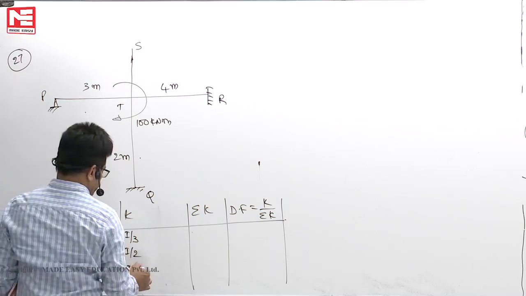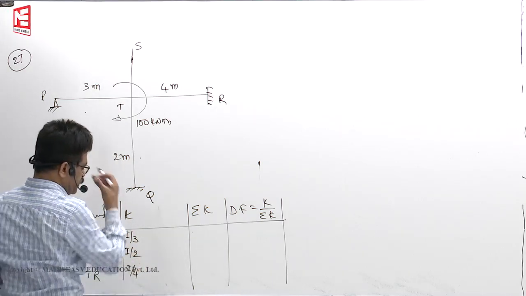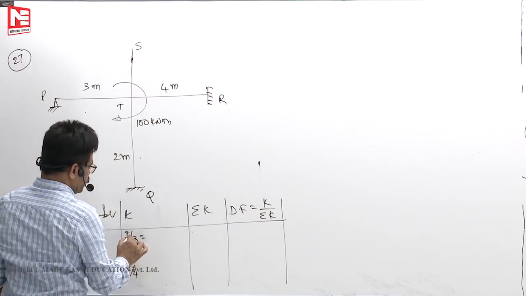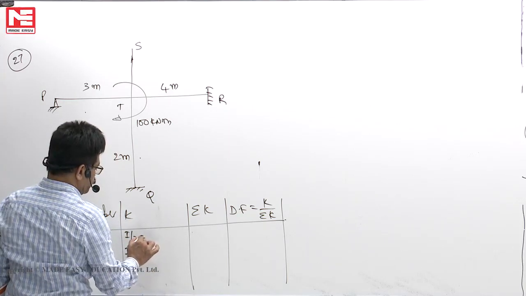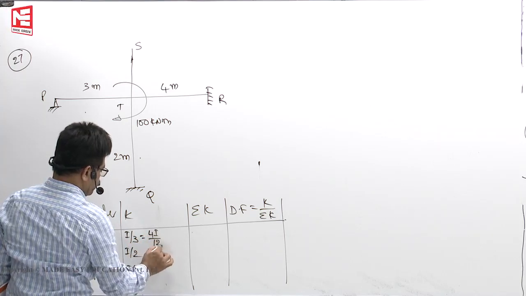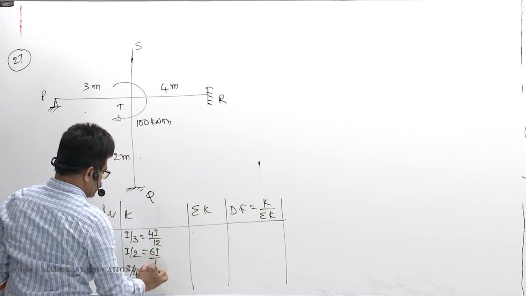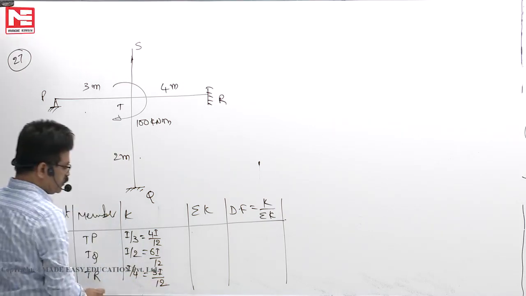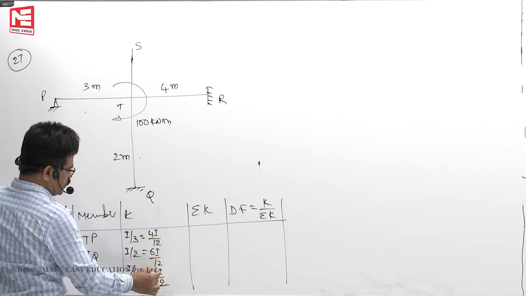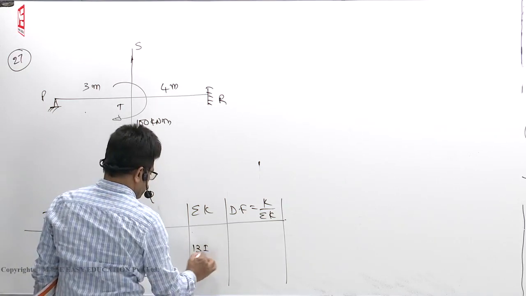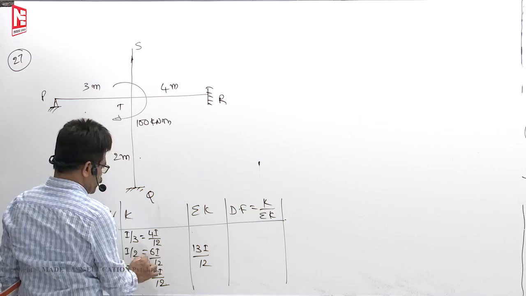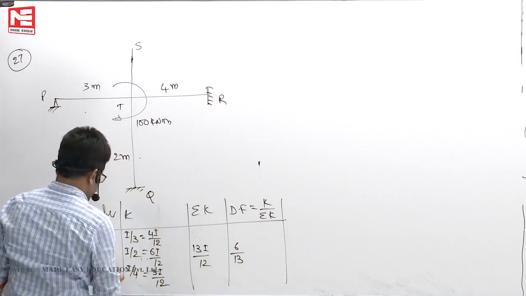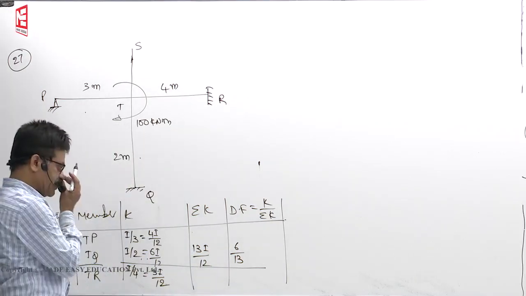For the common factor, 3 into 4, 12 is enough. So 12 if I take the common factor: 4I by 12, this 6I by 12, this 3I by 12. So 4 plus 6, 10 plus 3, 13. 13I by 12. We wanted only this one, 6. Distribution factor for TQ is 6 by 13.